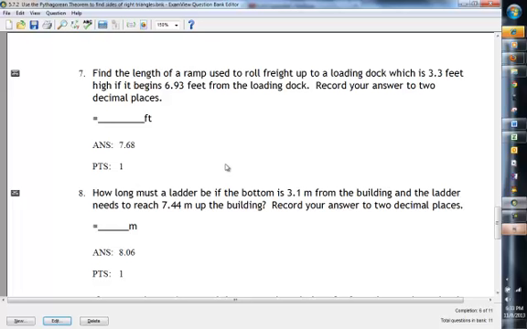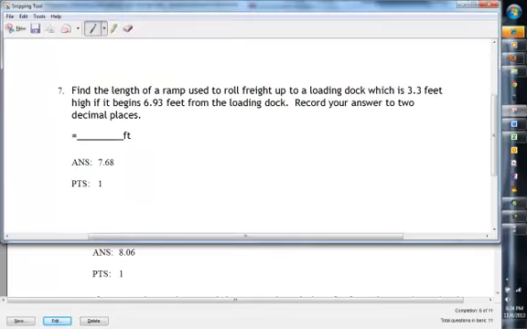Find the length of a ramp used to roll freight up a loading dock, which is 3.3 feet high if it begins 6.93 feet from the loading dock. So all we're going to do for this problem, let's draw the picture. We know that this is 6.93 feet, and it's 3.3 feet tall.